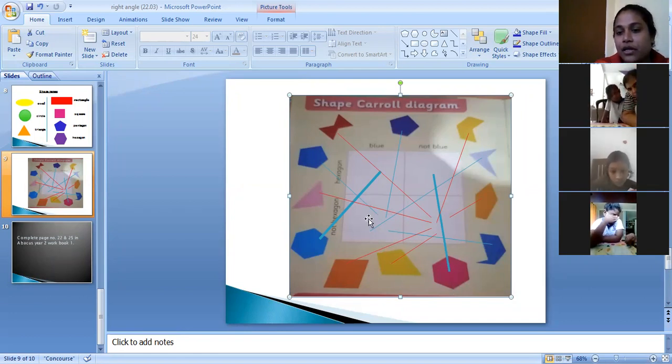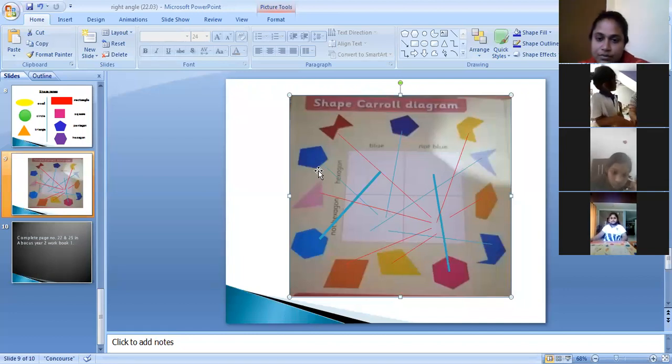Now the second row, first column says not hexagon, but blue. Then we should find blue color shapes, but they should not be hexagon. We got 1, 2, 3, 4, 5 blue color shapes.